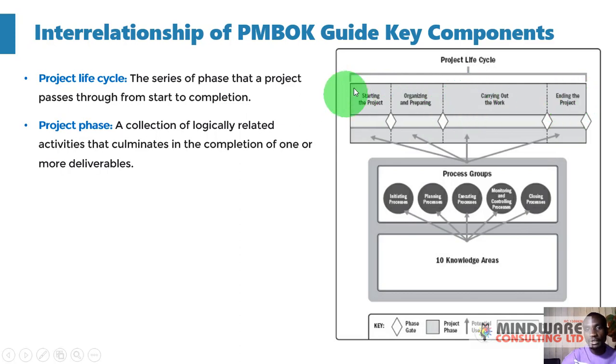Within this we have the starting phase. Here you have a series of activities, and these activities are logically related, to be able to complete this phase and come up with a deliverable. That deliverable, or set of deliverables, now serves as input for the next phase.